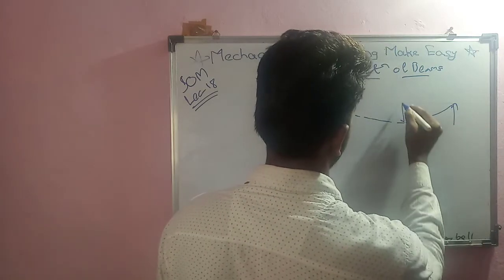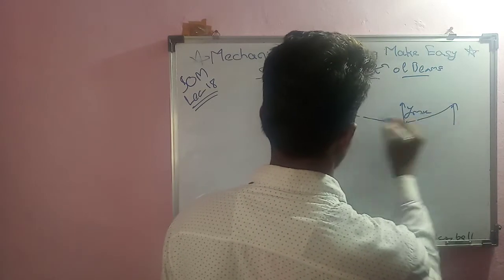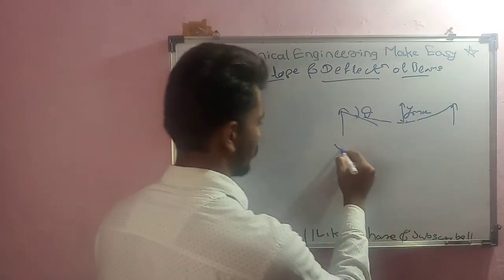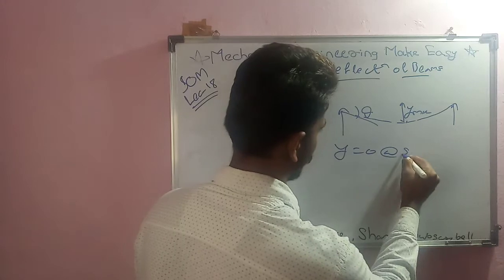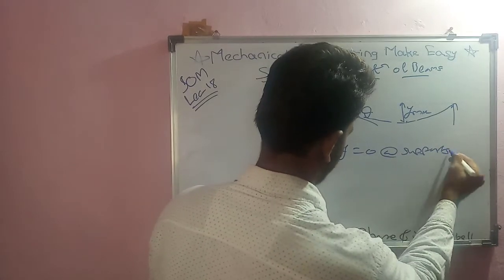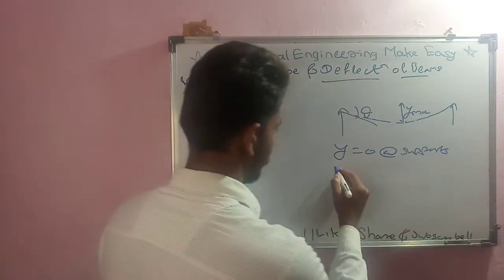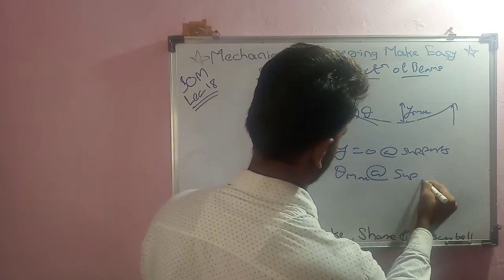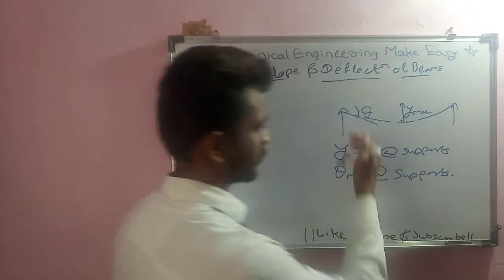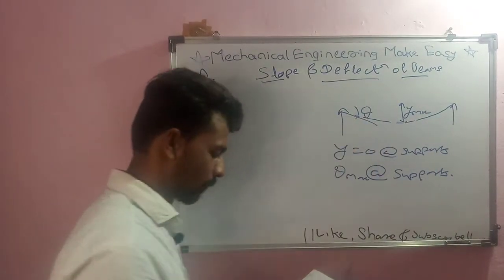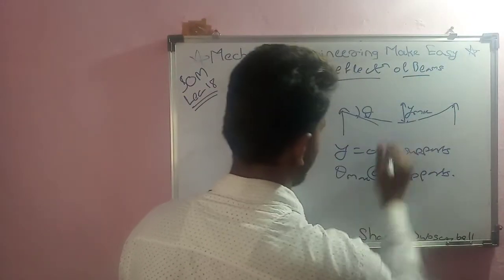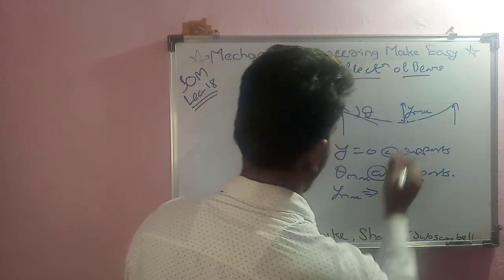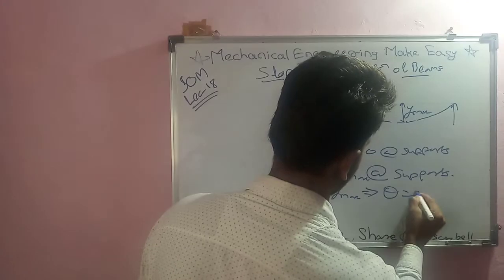Here y is again 0 at supports, that we know. Then theta will be maximum at supports, as I showed you in the previous figure also. And at the point of y max, theta will be 0.